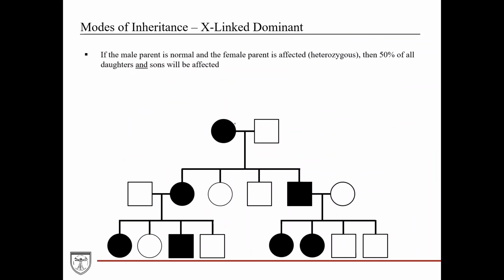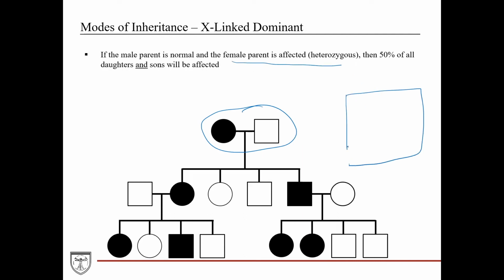So let's run through some scenarios here in the pedigree. If the male parent is normal in this couple here, and the female parent is affected and heterozygous, the male is going to have one recessive allele with his Y chromosome, and the female is going to have one dominant and one recessive.